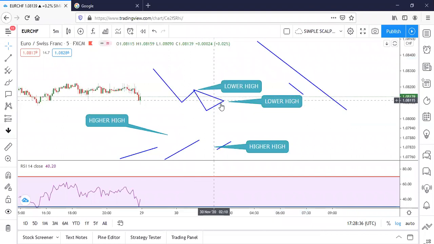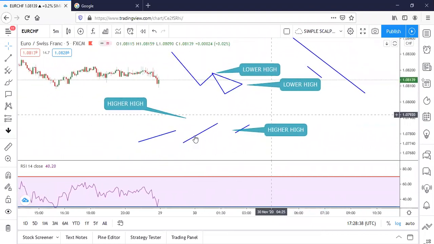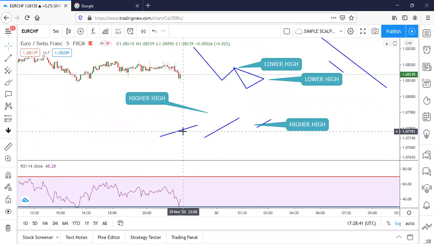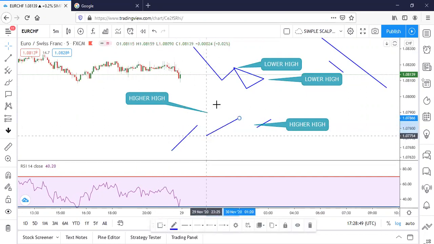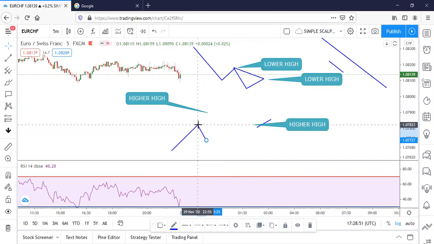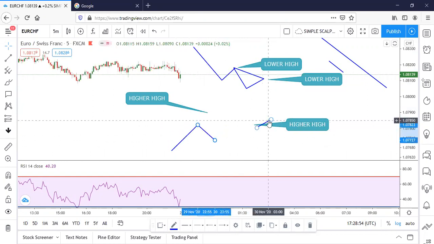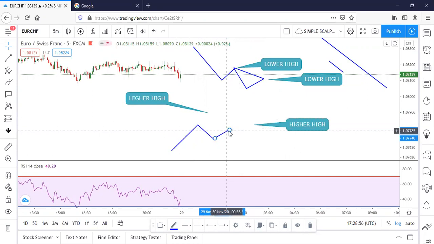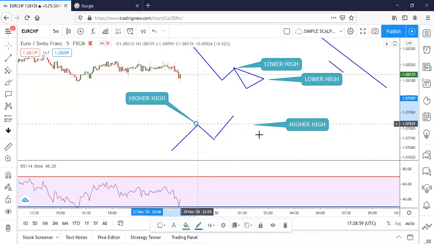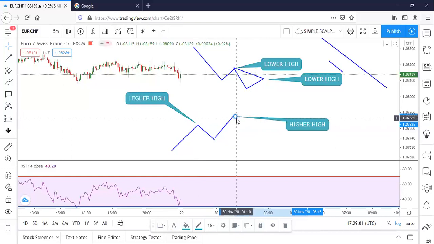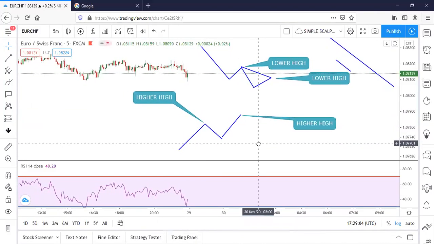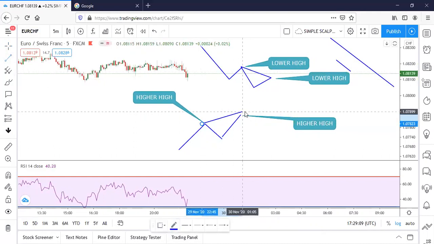So once you are able to connect that out, then you want to look for your indicator giving you higher high. Because this is a downtrend, you want to pick your indicator from the upside.